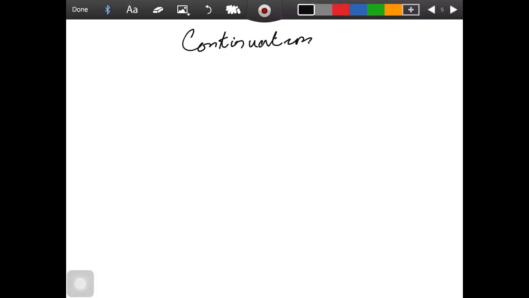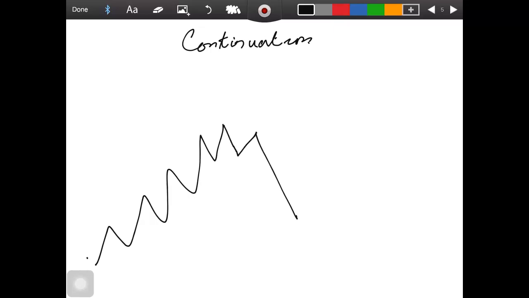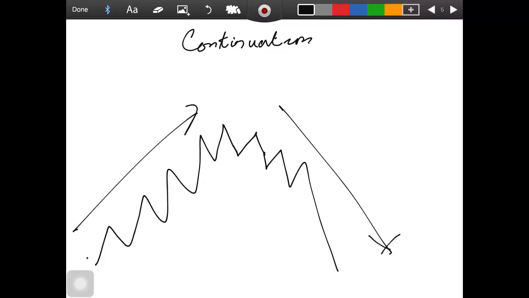Continuation. So you have a trend going up. It's not every time that a trend is going to reverse immediately. So this is your uptrend, this is your downtrend. Some of these trends can go on for months.